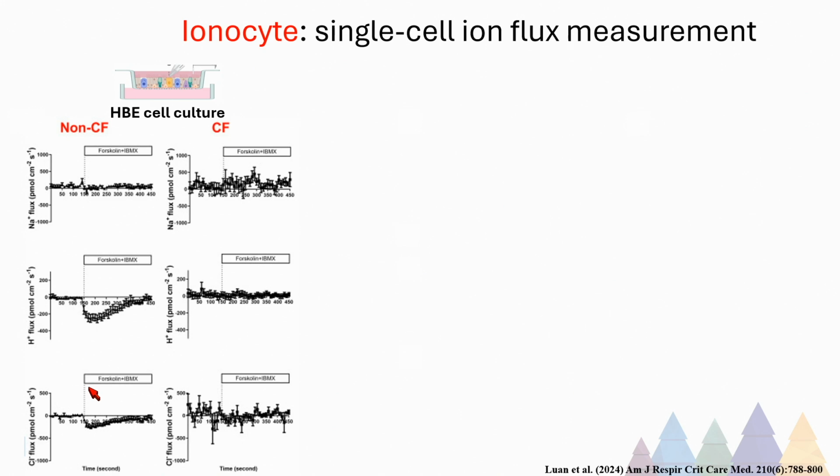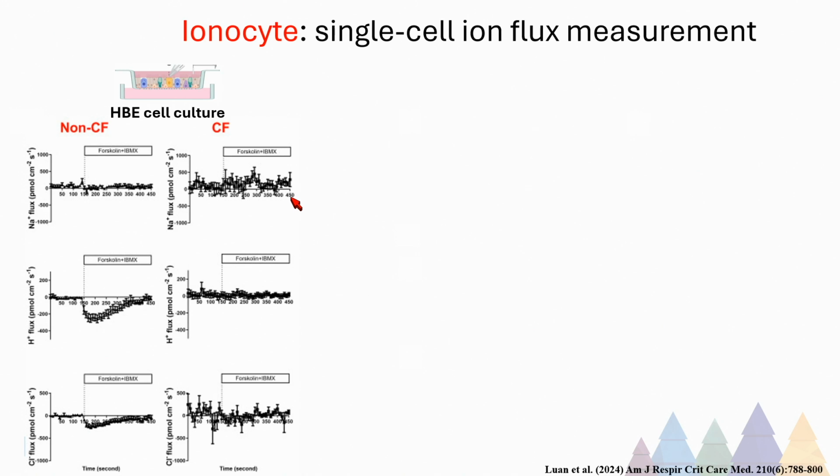So this is reabsorbing chloride, and simultaneously we see that protons are disappearing from the basolateral side. So the lumen is becoming alkaline. All of those transports are lost in CF and they're recovered when we treat with ETI. The issue with this is that, as I mentioned before, the properties of ion transport depend on the neighboring cells. And it's entirely possible that our HBE cells did not produce the proper environment for ionocytes.